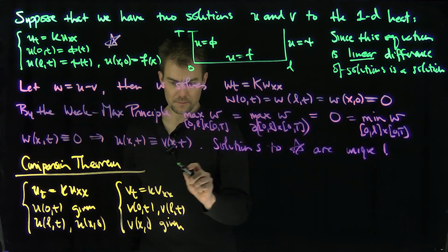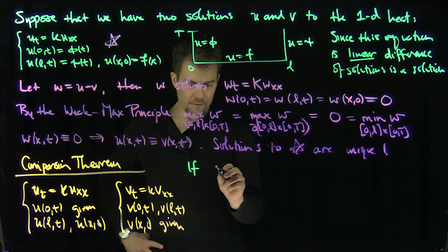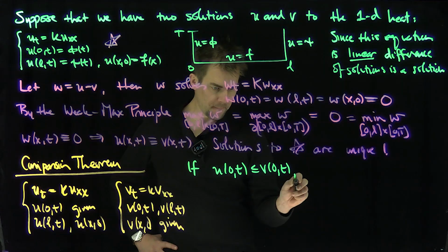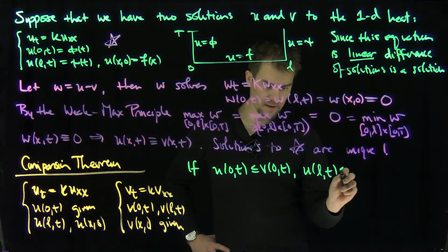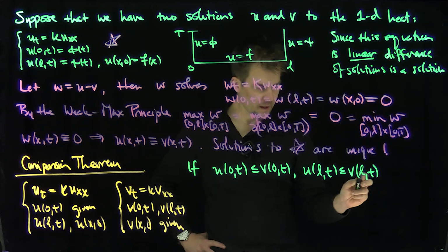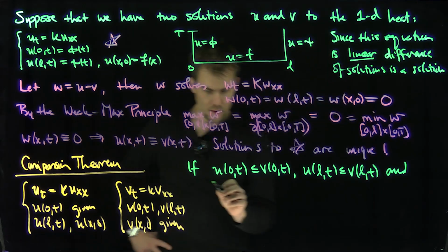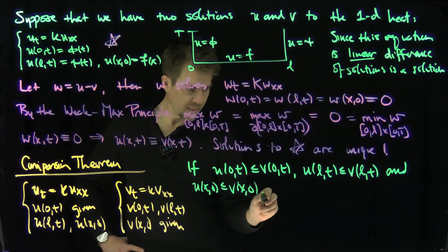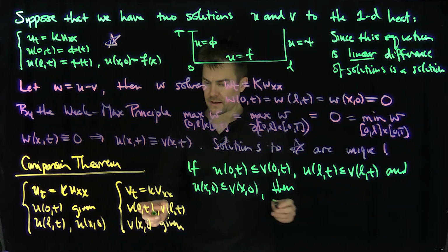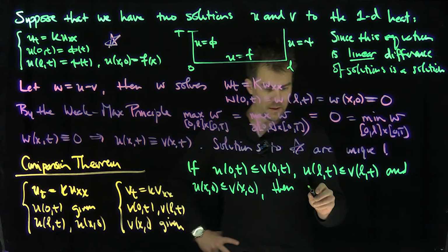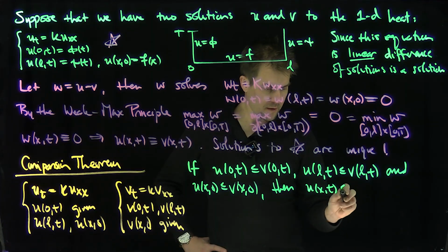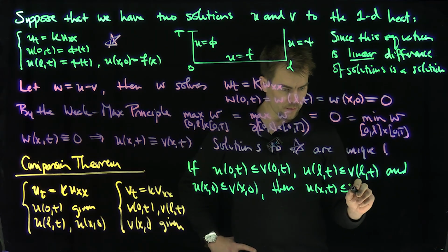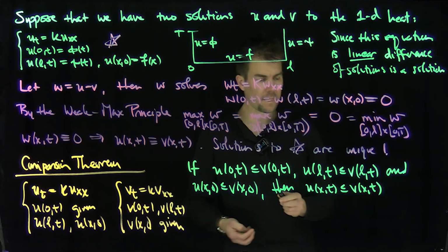It says if u(0,t) is less than or equal to v(0,t), u(L,t) less than or equal to v(L,t), and u(x,0) less than or equal to v(x,0), so if the conditions for v majorize the conditions for u, then u(x,t) is less than or equal to v(x,t).